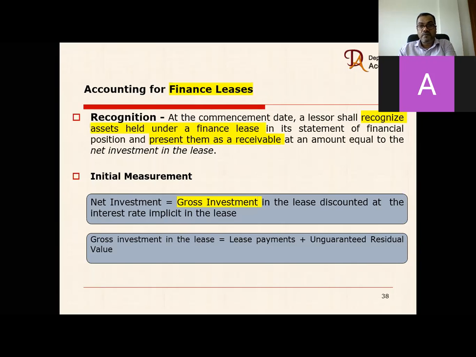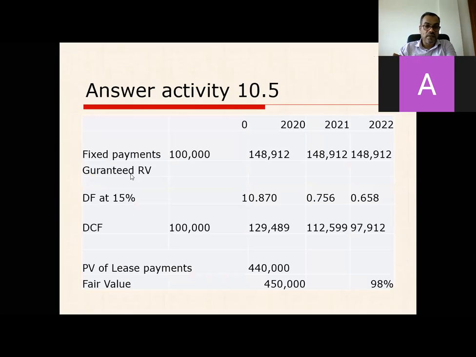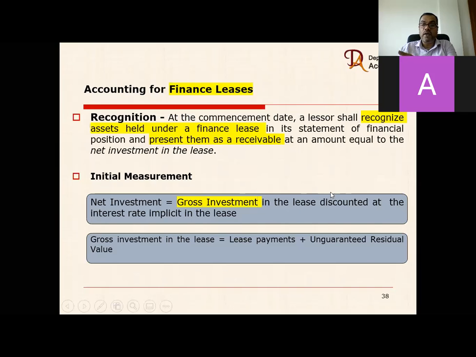In the first year, you need to calculate the interest, the rate is 15%. At 15% on that 330, 340 would be your finance charge. If you do a rough calculation, to understand the accounting for finance leases in the books of the lessor, you need not think too much.